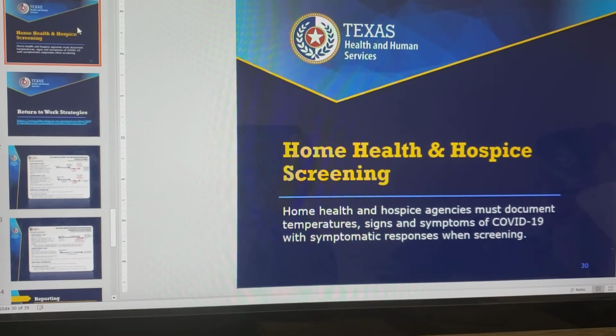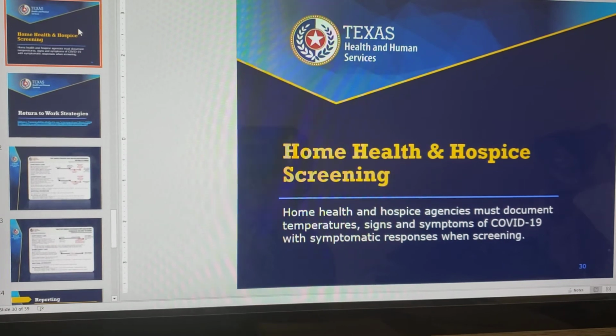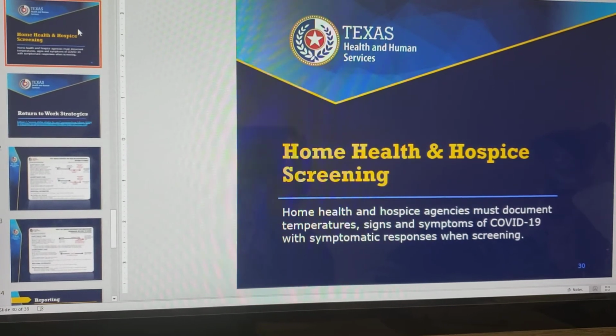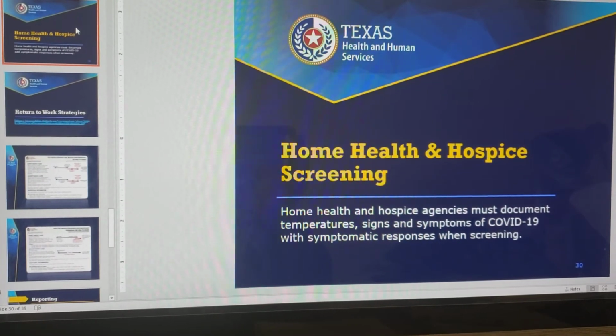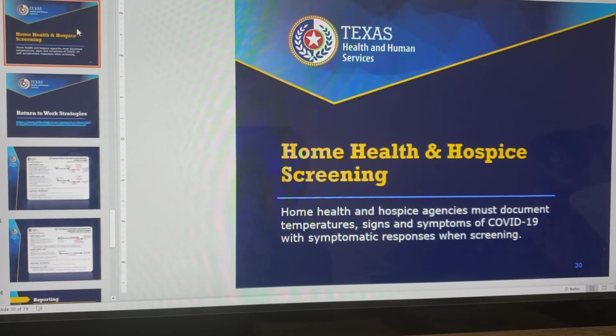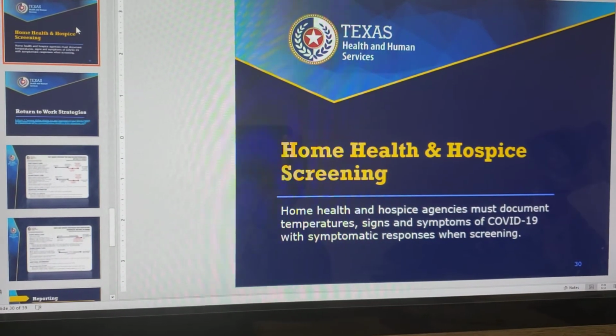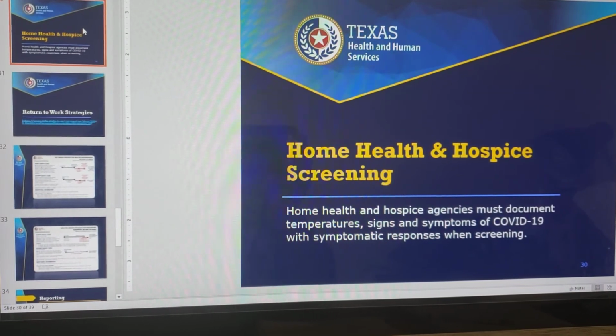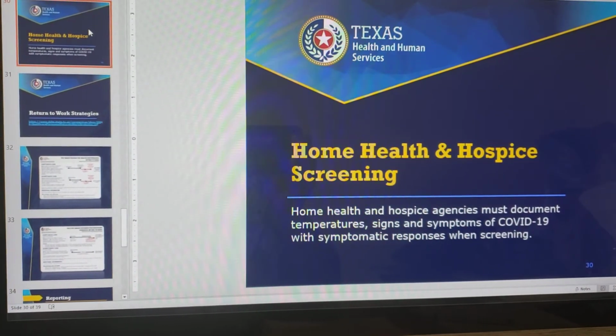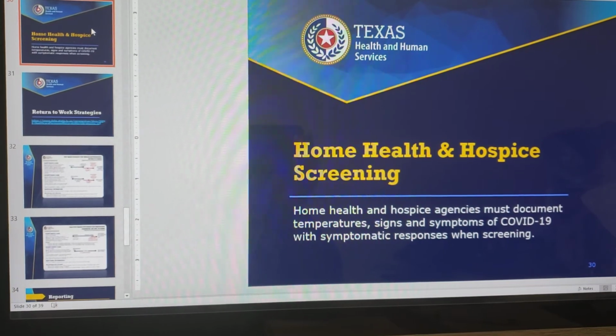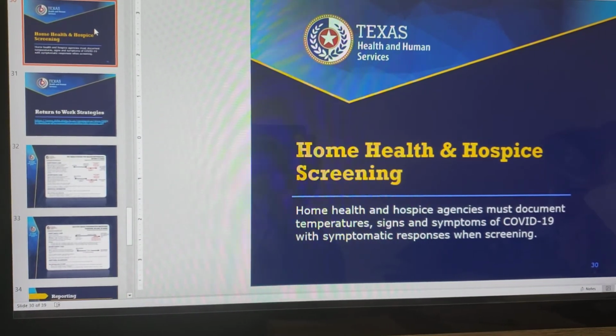But because we are aware and have been told that there are even some home health agencies and hospice agencies who were screening and documenting by exception, that you also have until July 22nd to bring your agency into compliance with screening for all instances and documenting that screening.